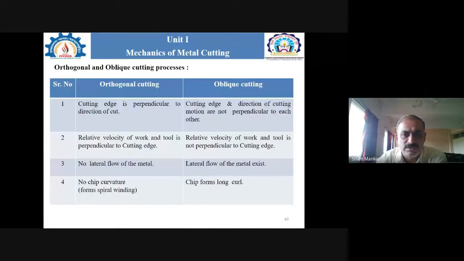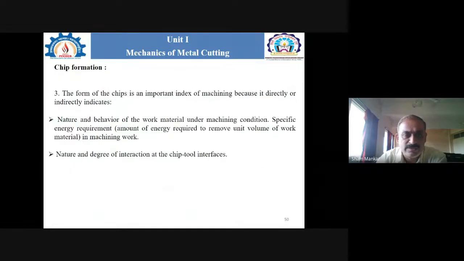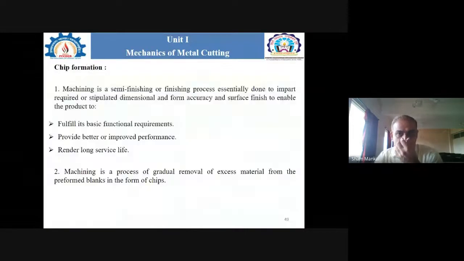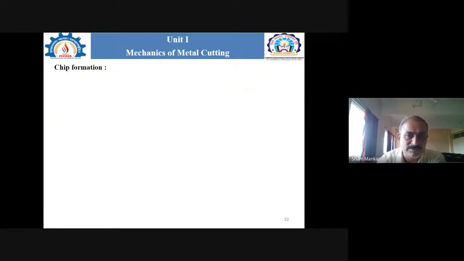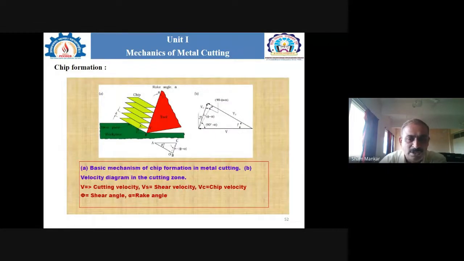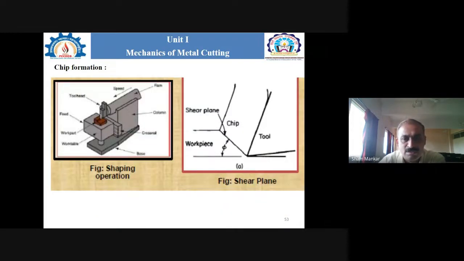In the last lecture, we discussed the chip formation process entirely, including the basic terminology involved in it. We discussed the chip formation process by considering an example of the shaping operation.